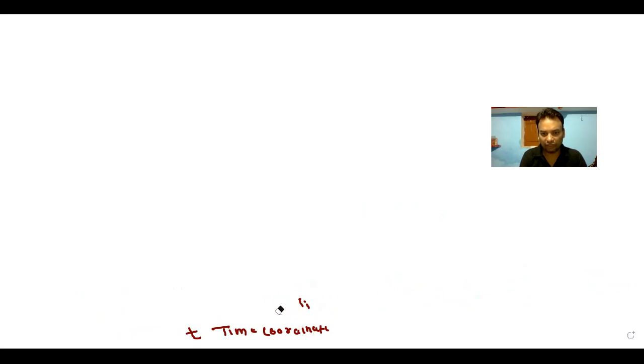But if any frame of reference does not follow Newton's law, it is called a non-inertial frame of reference. So let me discuss the inertial and non-inertial frames of reference one by one.